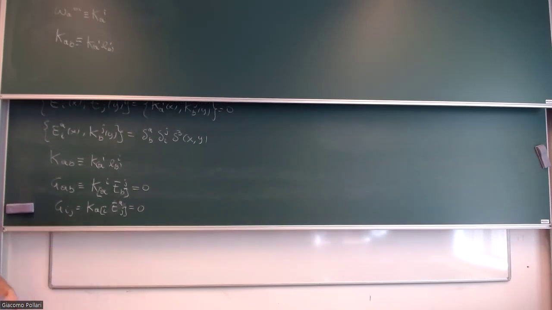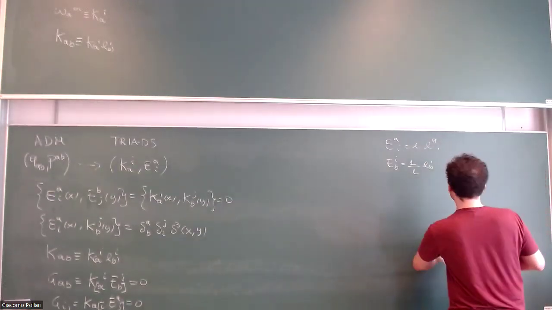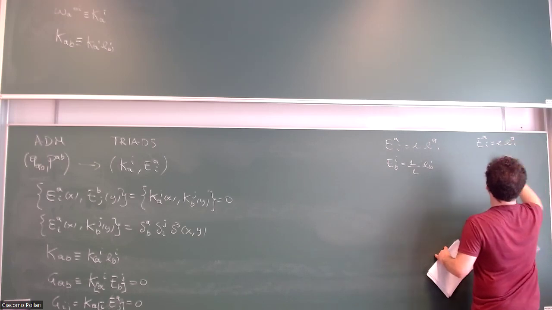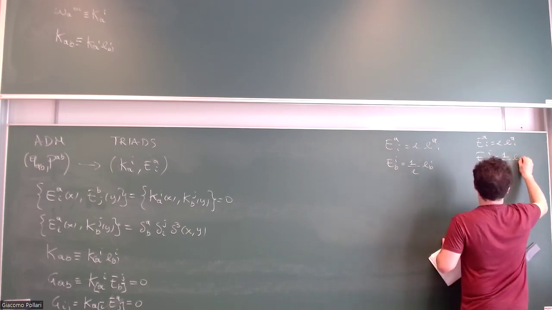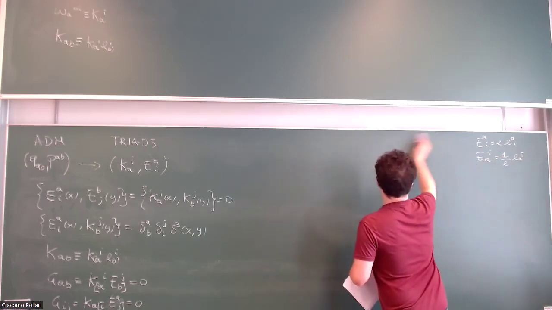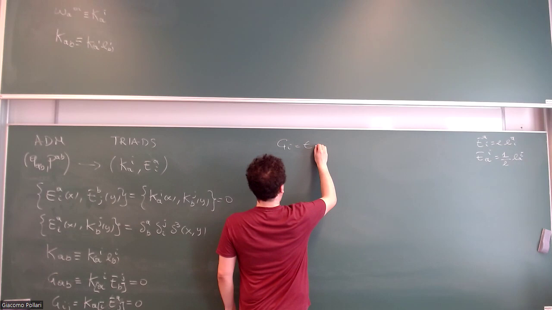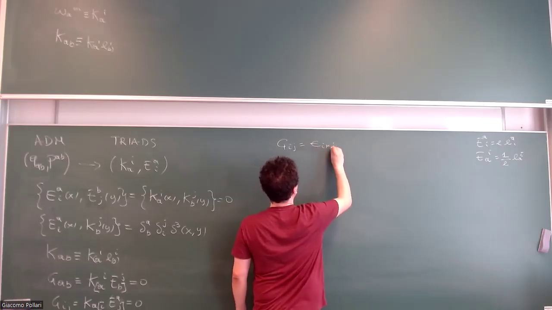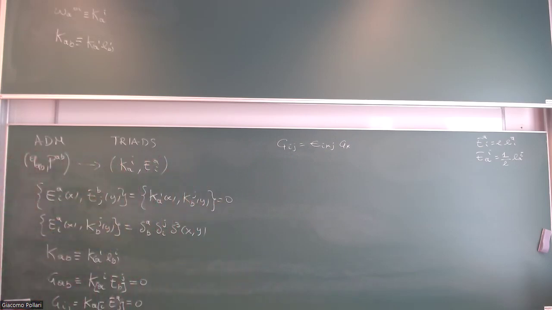Therefore, we can write G in terms of the generators of SO3, which are also generators of SO2.